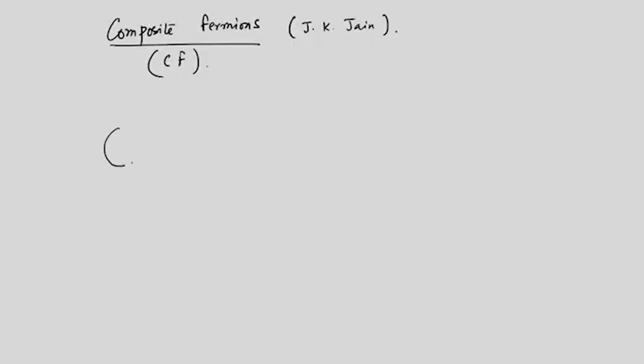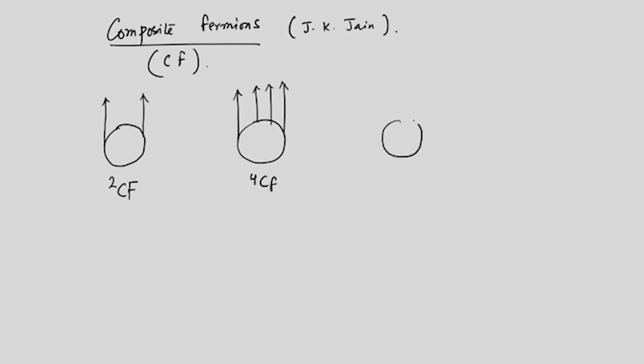Okay. So, let us try to visualize this. So, I am drawing an electron to be really large, and this is carrying 2 flux quantum. So, let us call this 2 CF, and here they are 4 flux quantum. So, let us call this 4 CF, and then there is an even larger number of flux quantum, say the 6 of them.